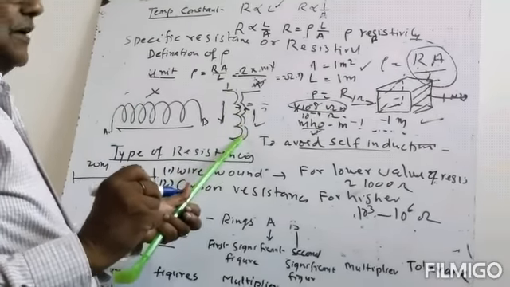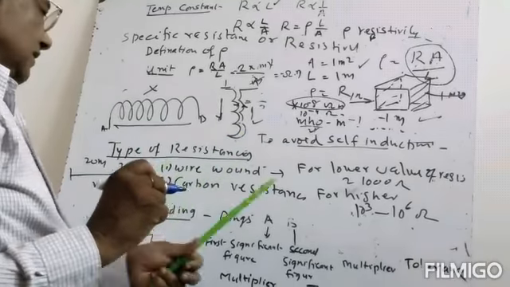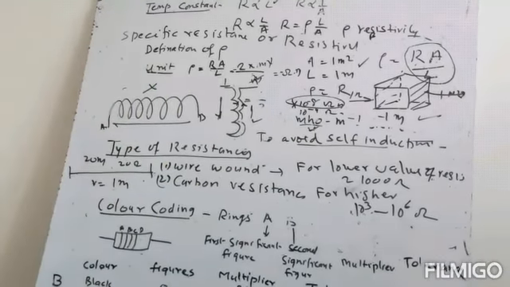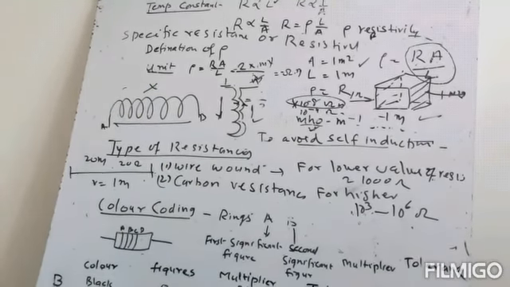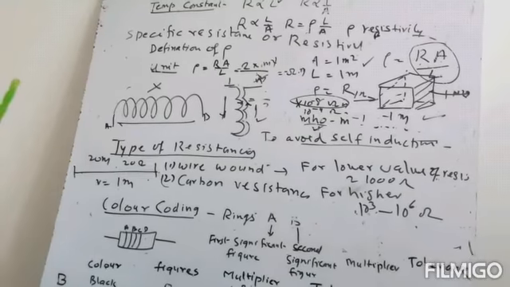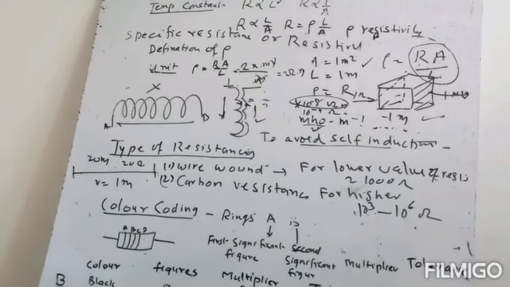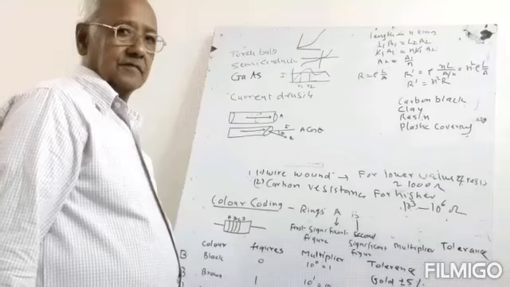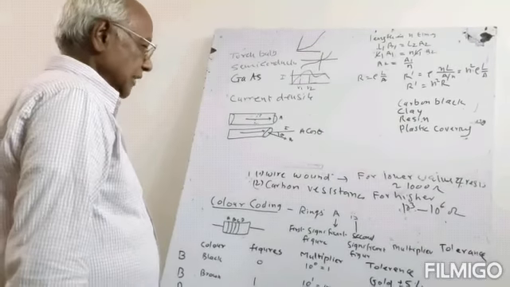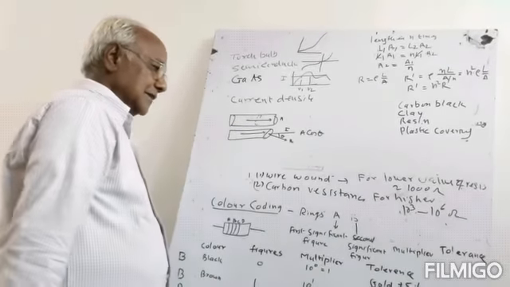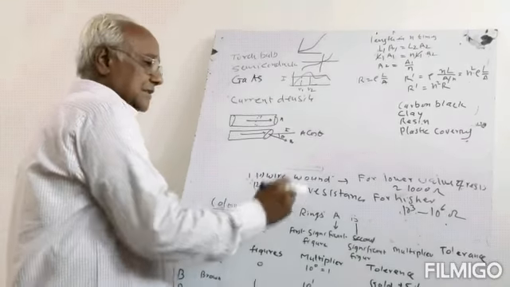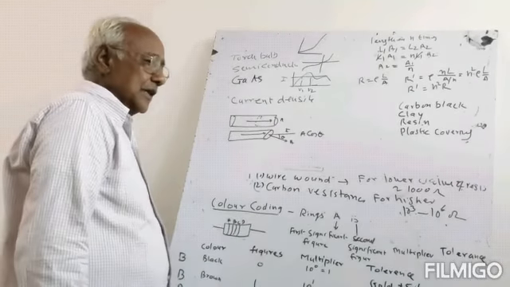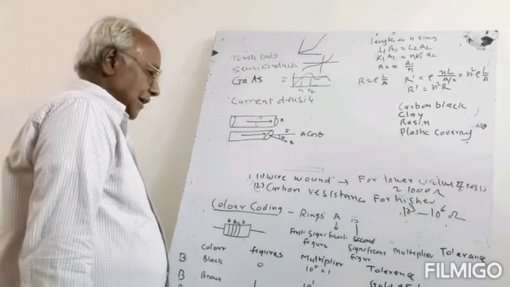This is the way we can have the wire wound resistance. We have discussed wire wound resistances, which are generally for low resistance.